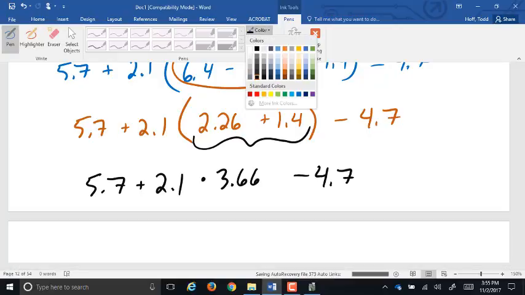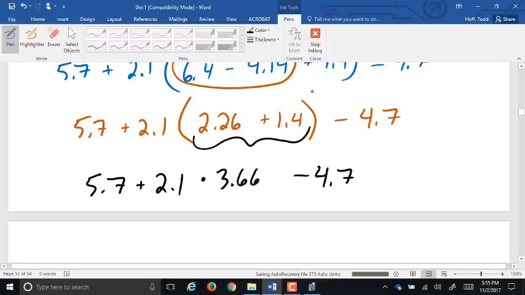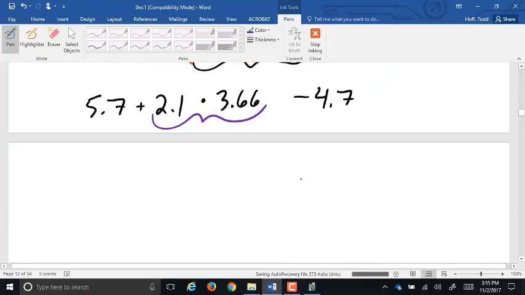Now the parentheses are gone. What is next? The 2.1 times 3.66, which is 7.686. Is that right? Okay.